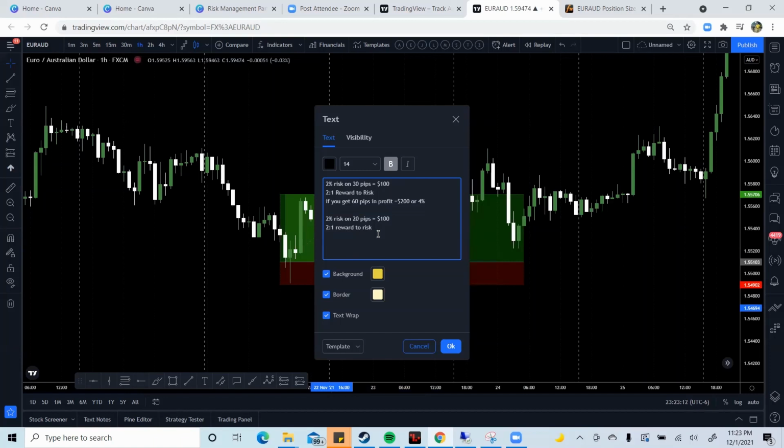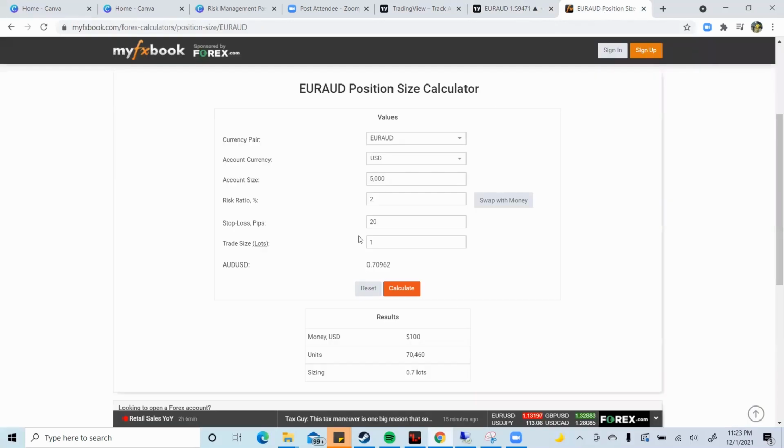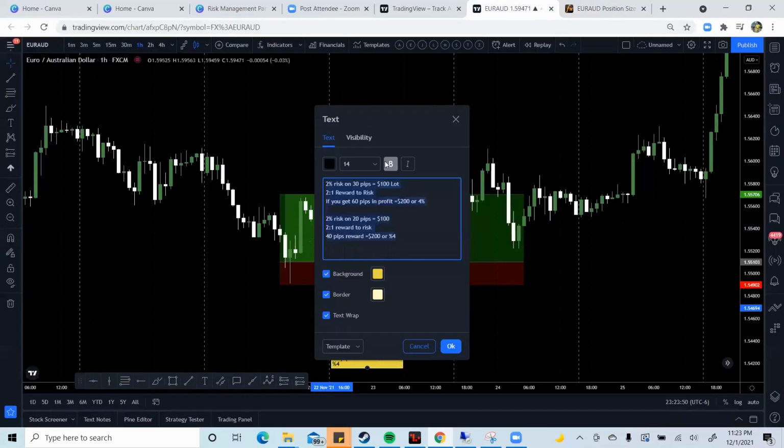Because 20 pips is your risk, 40 pips is your reward that you're going for. And that 40 pips is now $200, or 4%. Reason being is because on 2% risk 30 pips, your lot size, go back, I think it was 0.47. Yeah, 0.47.